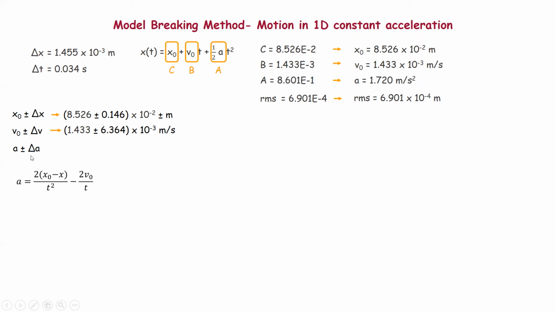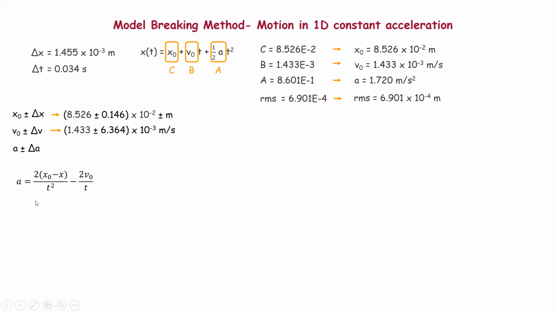So we have here x, position measurements, t, time measurements, and v0, the calculated initial velocity. If you know the errors delta x, delta t, and delta v, you can calculate delta A.